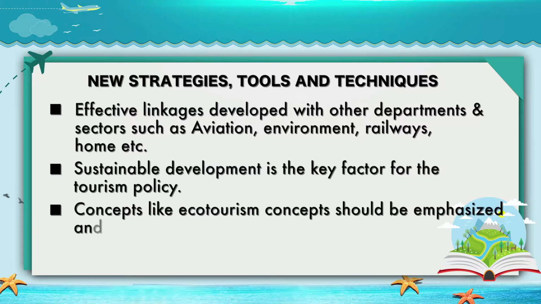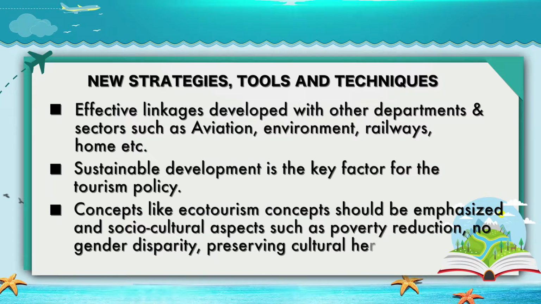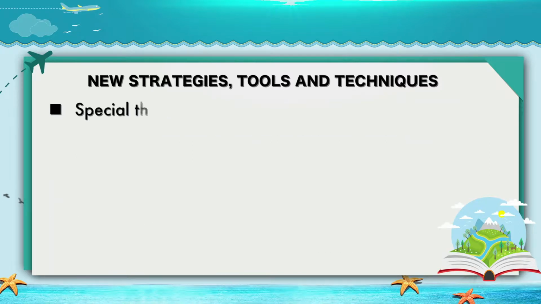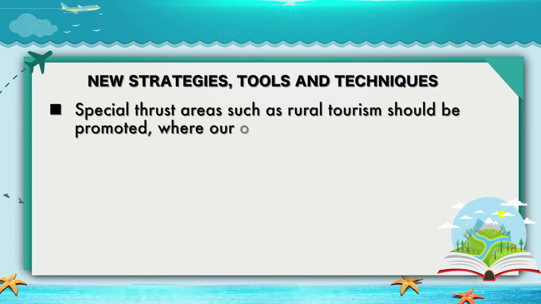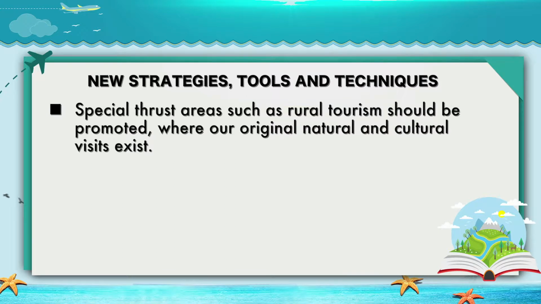Concepts like eco-tourism should be emphasized and socio-cultural effects such as poverty reduction, no gender disparity, and preserving cultural heritage should be promoted. Special thrust areas such as rural tourism should be promoted, where our original natural and cultural values exist. Importance should be given to rural tourism.